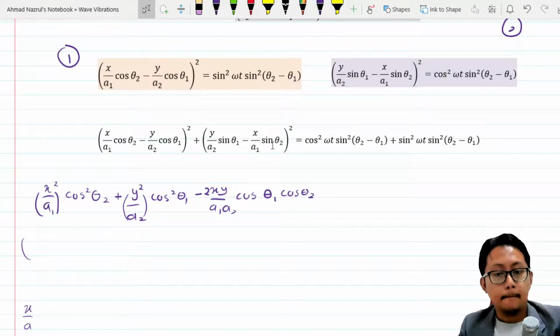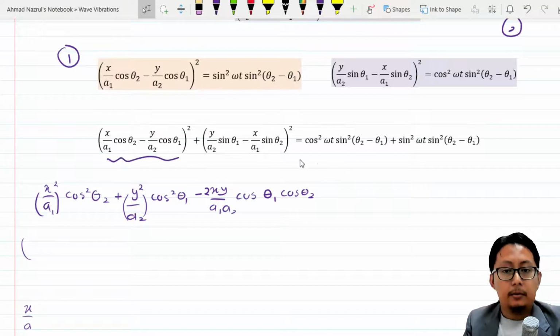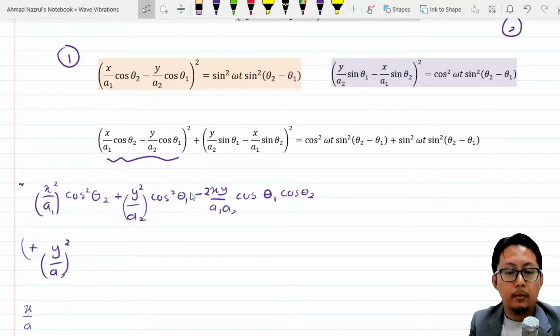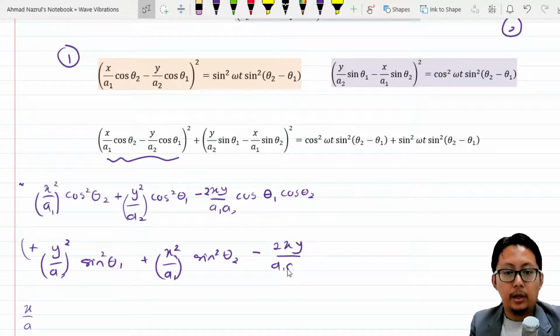Okay, so this is the first one. And the second one would be plus y square over a2 square sine square theta 1 plus x square over a1 square sine square theta 2 minus 2xy over a1 a2 sine theta 1 sine theta 2.